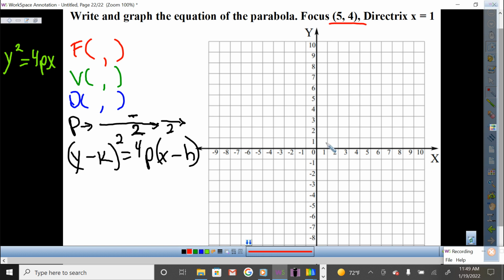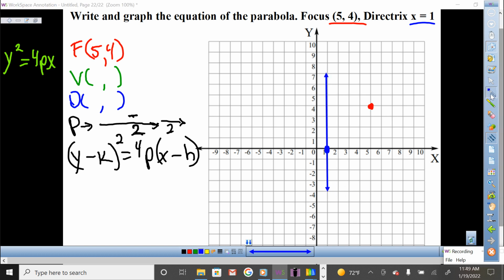So, focus, 5, 4. Directrix, x equals 1. However, follow the focus all the way to the directrix, plot your point, so now that's my what? My new point, which is 1, 4.